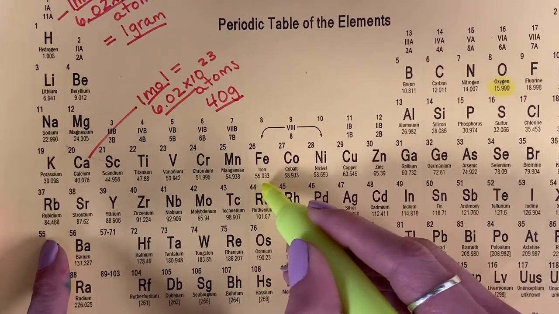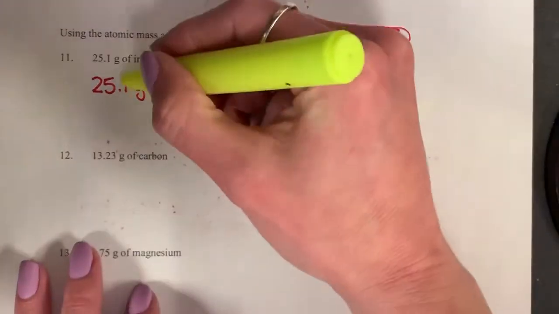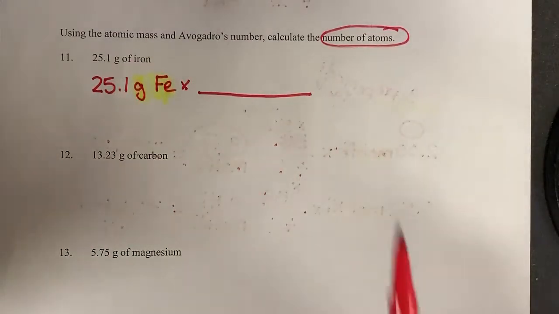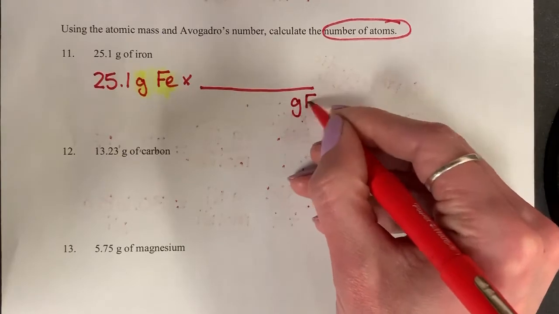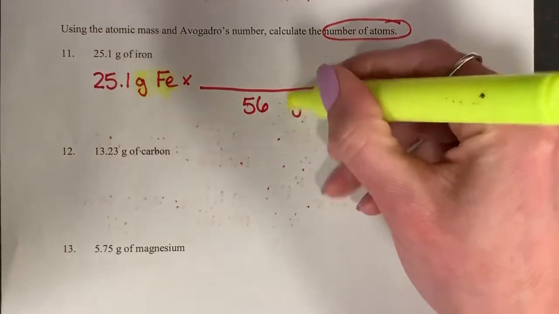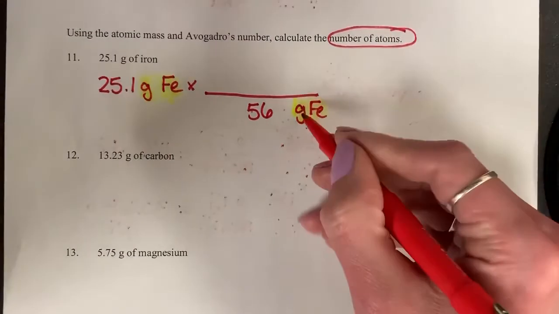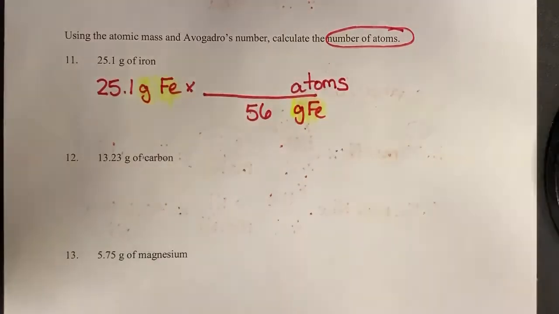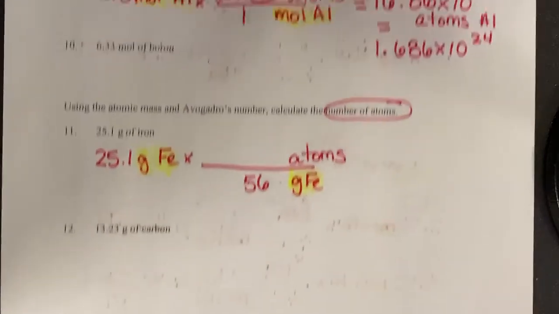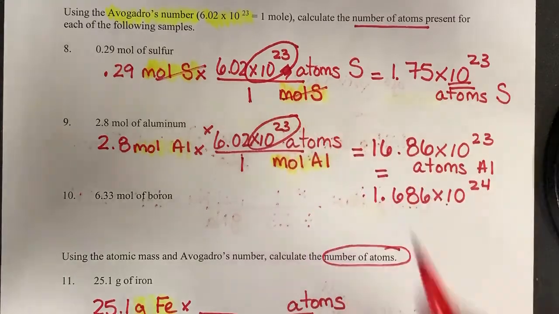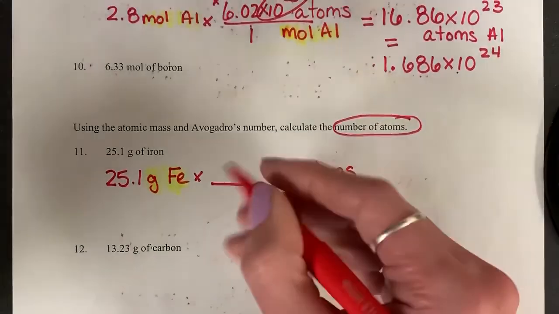Iron weighs 55.9. Let's make him 56. Okay. This time, I'm changing to atoms. If we remember, what number goes by atoms? 6.02 times 10 to the 23rd, Avogadro's number.